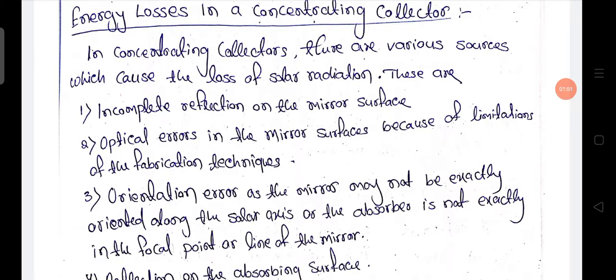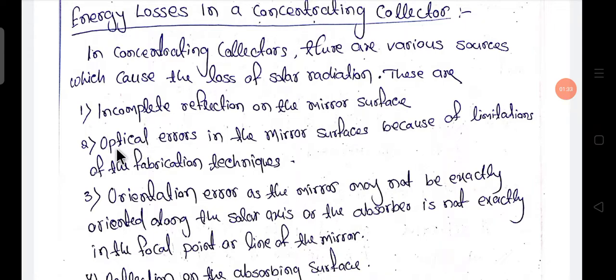The mirror which we use as a concentrator in our concentrating collector, if that mirror has a default reflection index or incomplete reflection happens, then the solar radiation is not focused on the absorber, so losses happen.